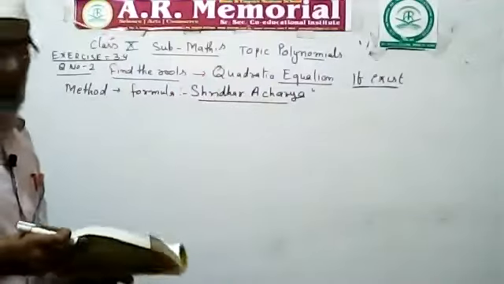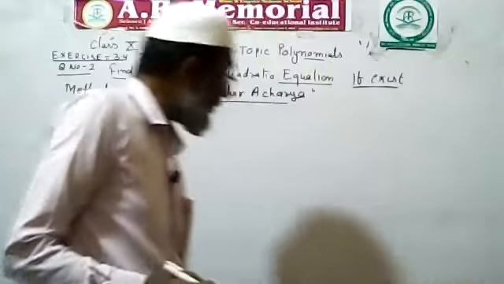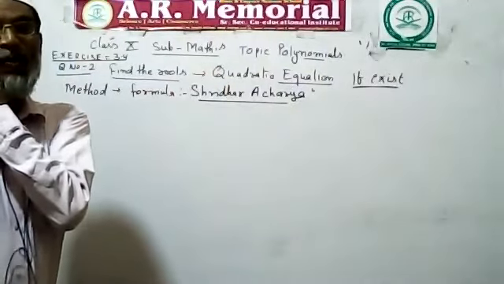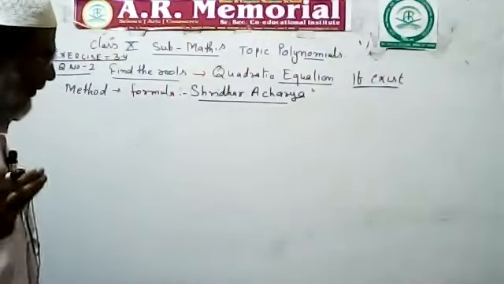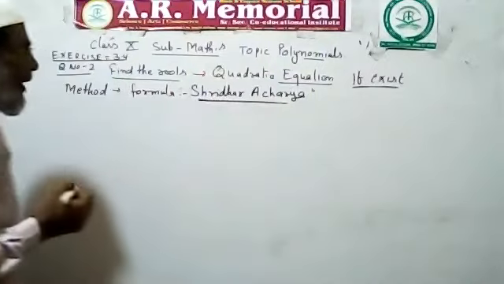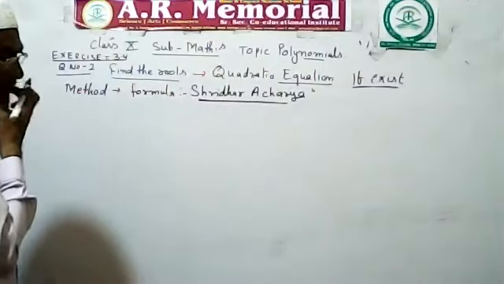This is a formula. Using this formula, we can find out the roots of a quadratic equation. Sir, how can we use it? First of all, we are discussing the formula. The name of the formula is Sridharacharya, or the quadratic formula in English.